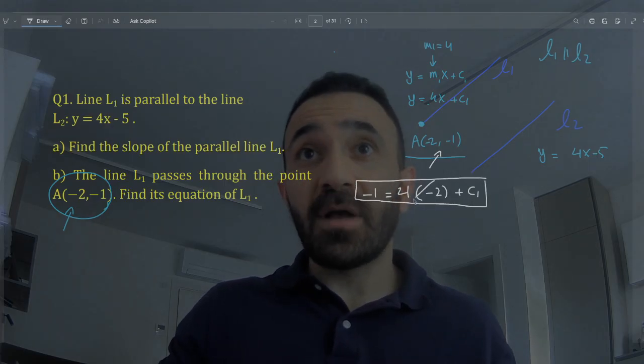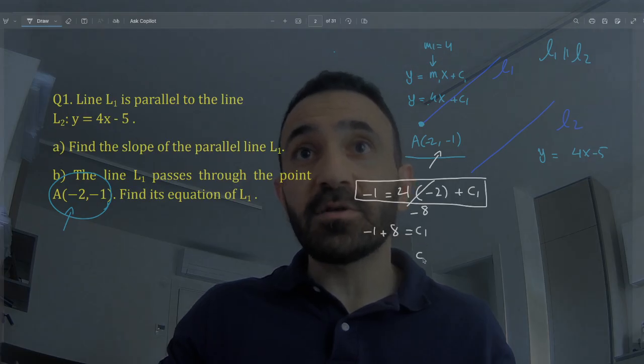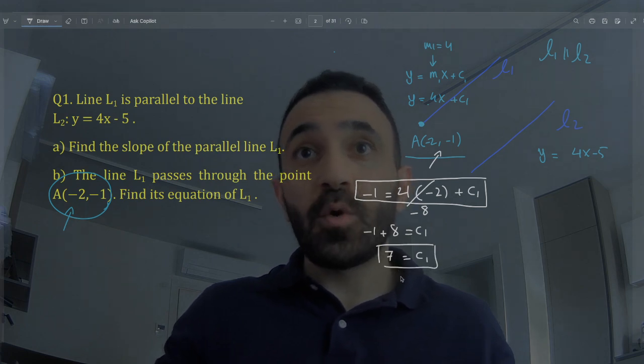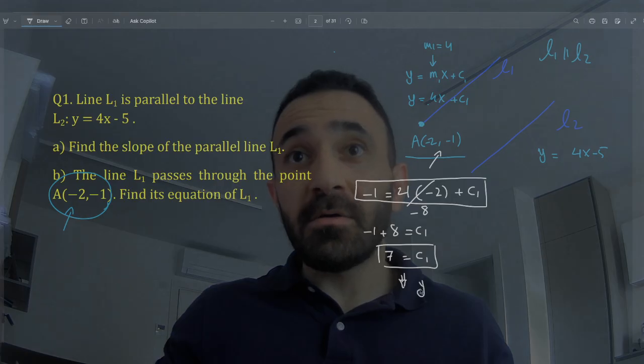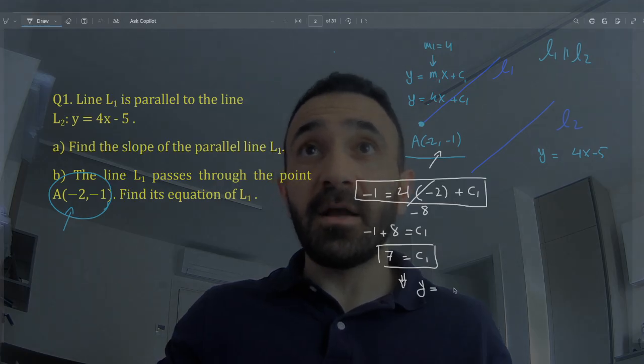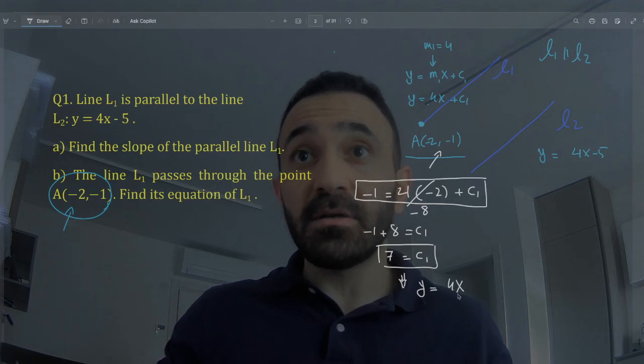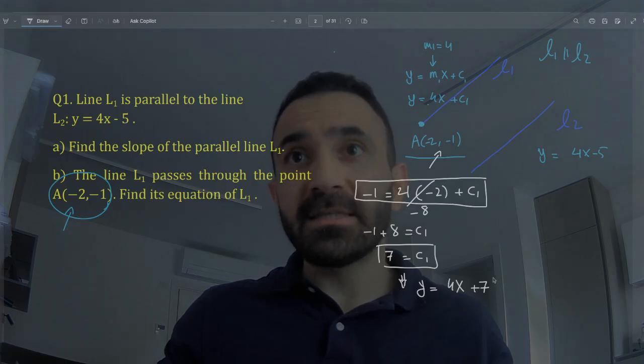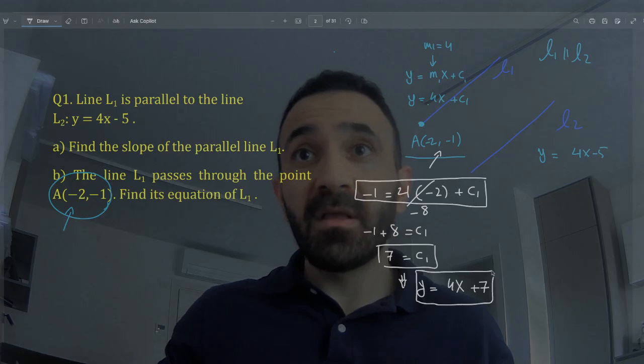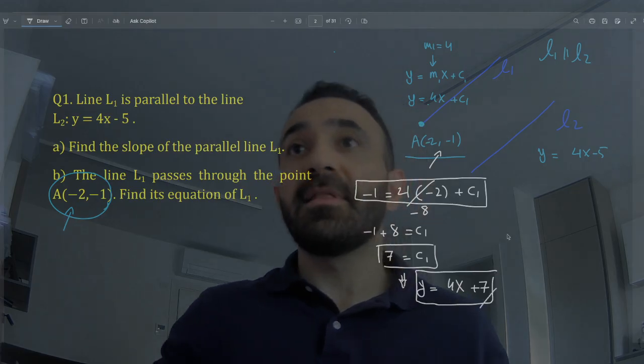4 times minus 2 is minus 8. Minus 8 to the other side is plus 8, equals c1. So c1 is 7. Congratulations, you now have the total equation of line 1: y equals 4x plus 7.